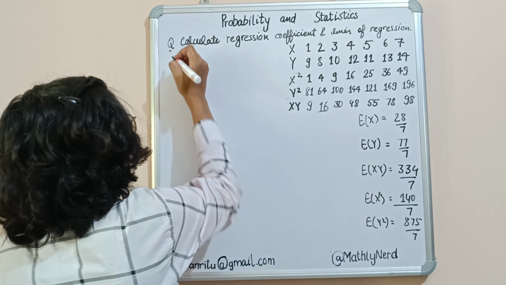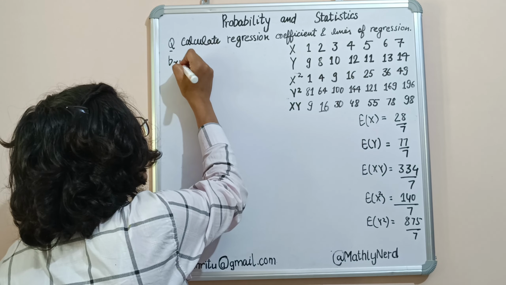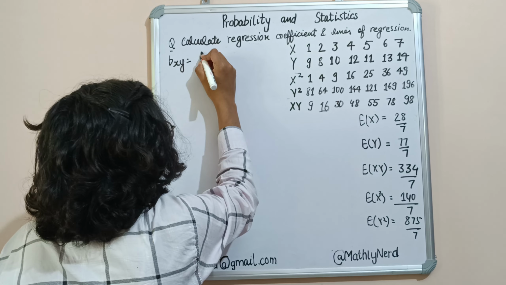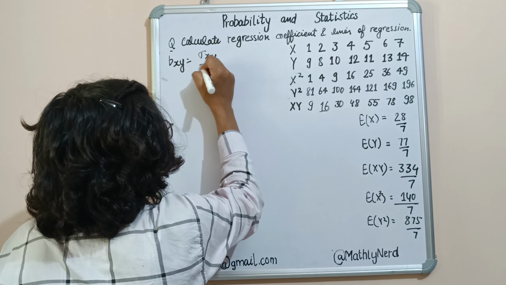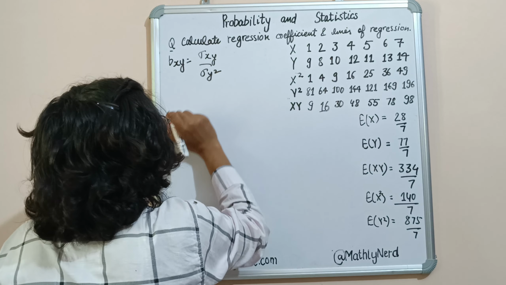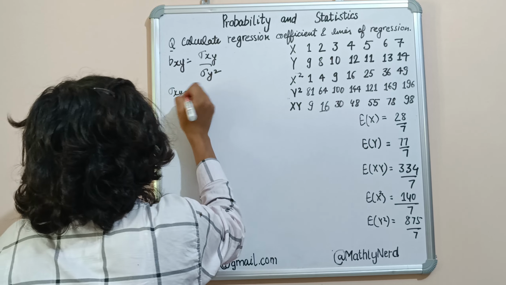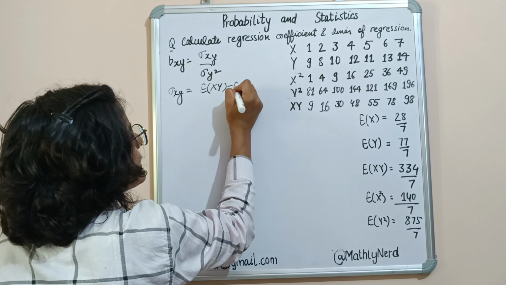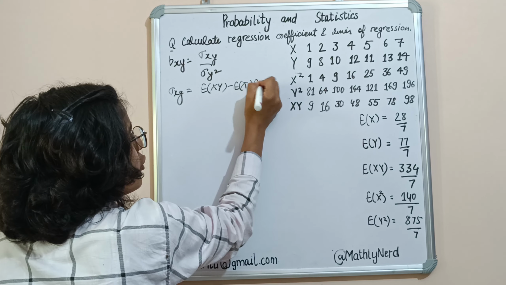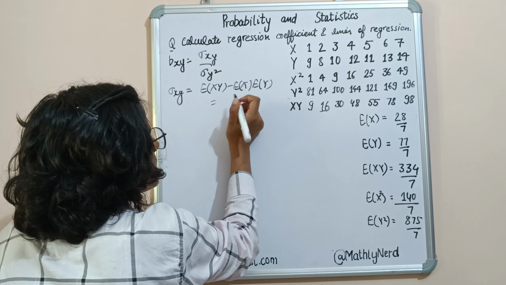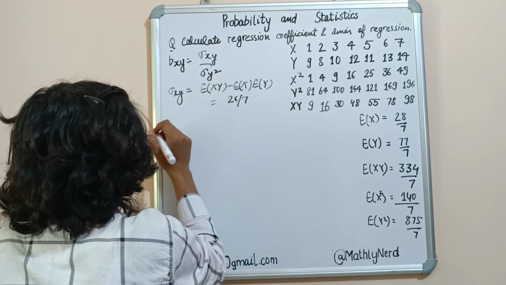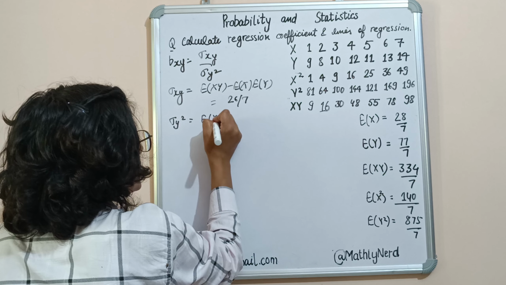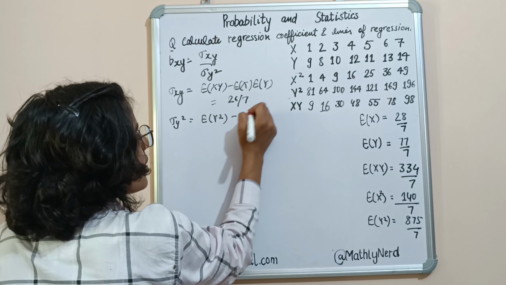Now we will calculate the value for bxy. So this will be sigma xy by sigma y square, and sigma xy will again be E of xy minus Ex Ey. We have already calculated this value, and this equals 26 by 7. Sigma y square will be E of y square minus Ey whole square.